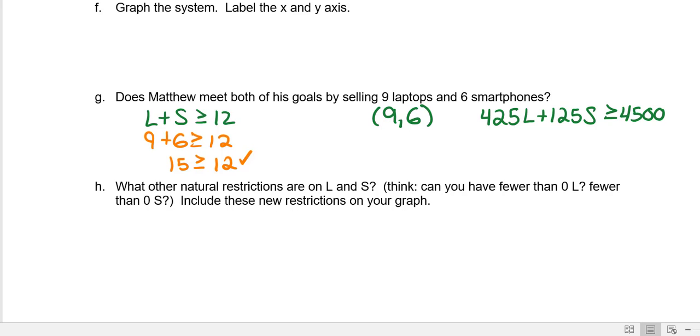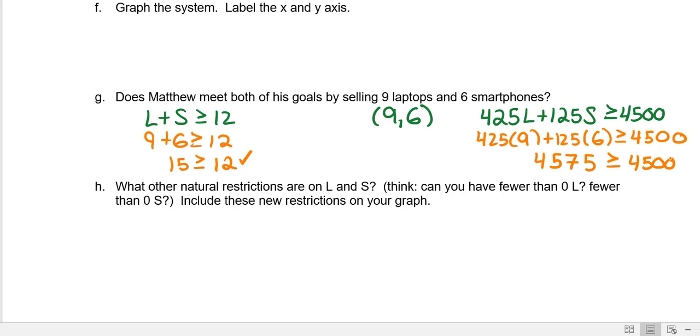So I'm going to do the same thing and plug in 9 and 6 into my other equation. And when I multiply my price by my number of devices, I do get 4,575, which is greater than or equal to 4,500. So actually, Matthew does meet both. Oh my goodness, he does meet both of his goals.